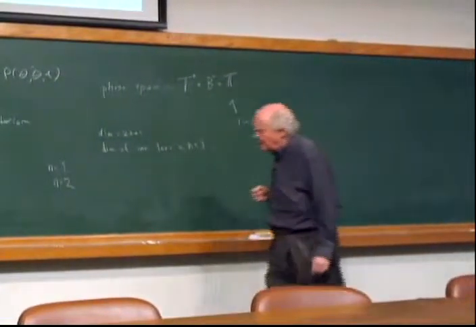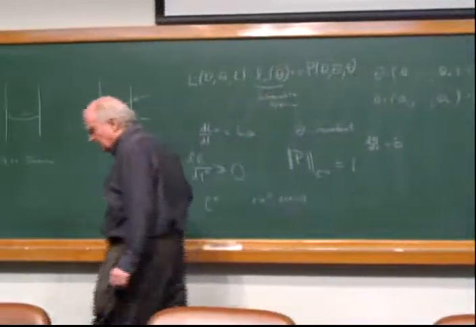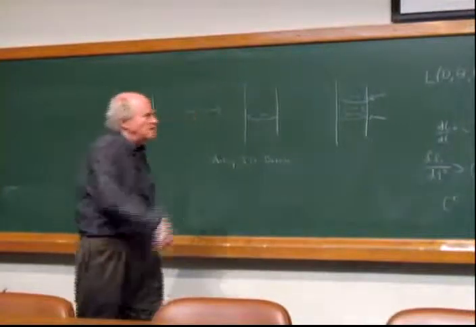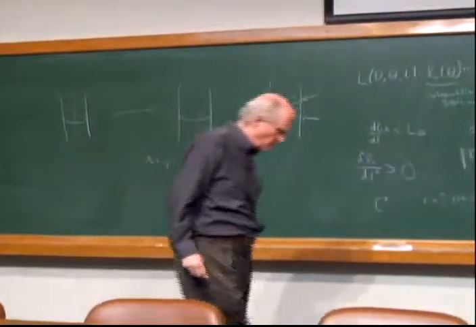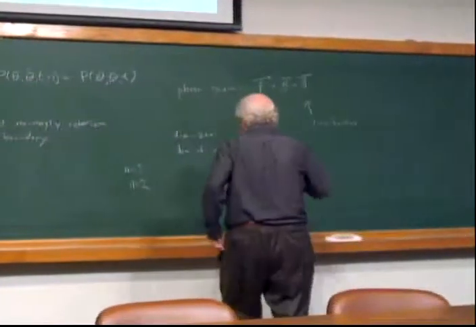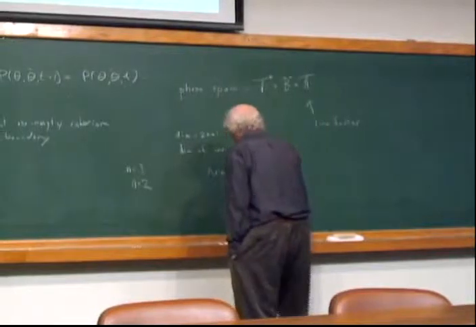So this leads to the conjecture that the orbits wander all over phase space. There's nothing obvious to prevent them from wandering over phase space. This idea that they wander all over phase space is called Arnold diffusion.